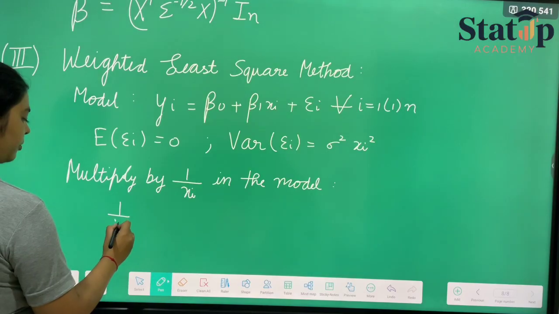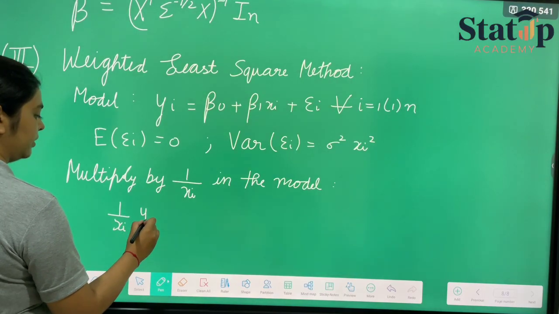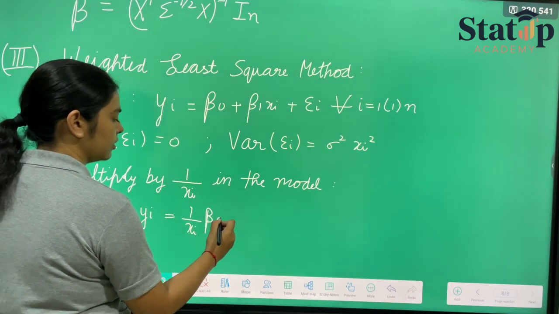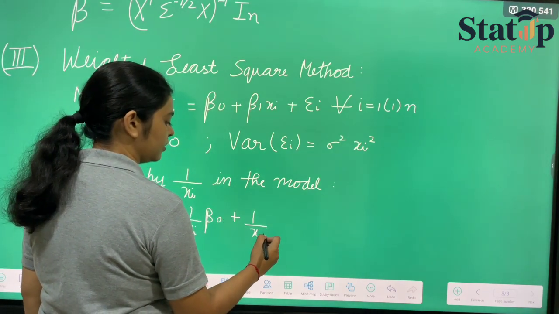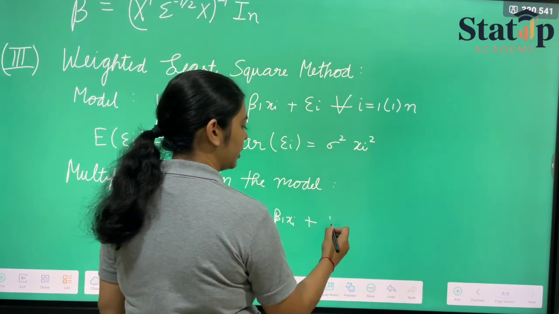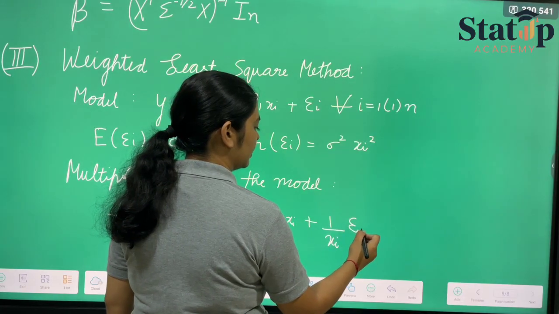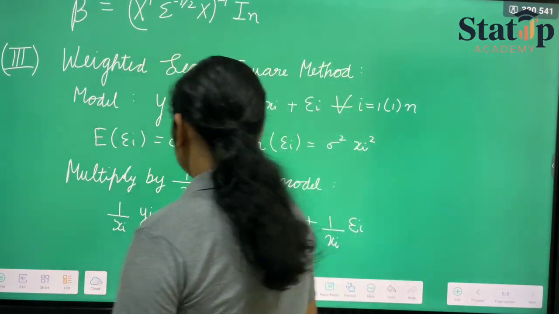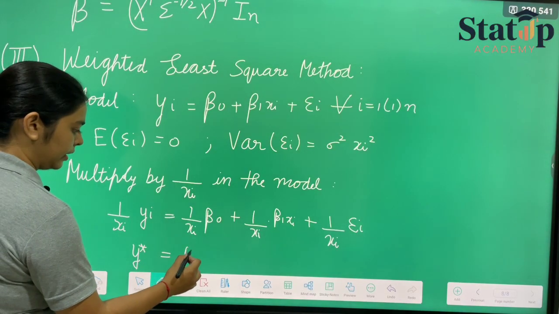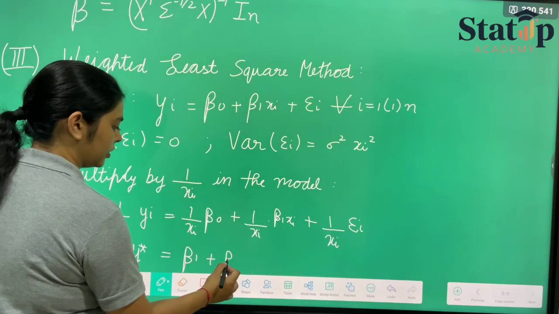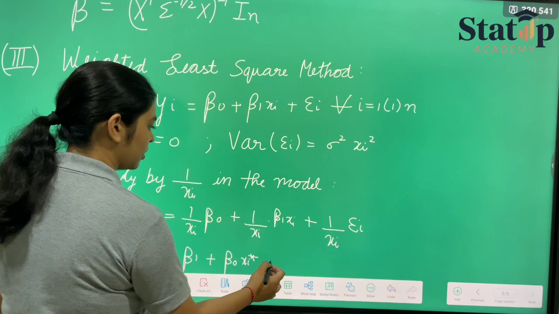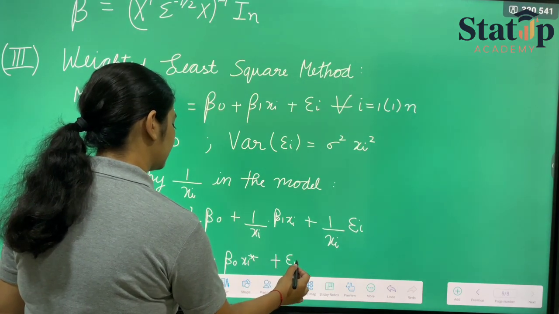So our model becomes 1 upon xi yi is equal to 1 upon xi beta naught plus 1 upon xi beta 1 xi plus 1 upon xi epsilon i. So we can write it as y star is equal to beta 1 plus beta naught into xi star plus epsilon i star.